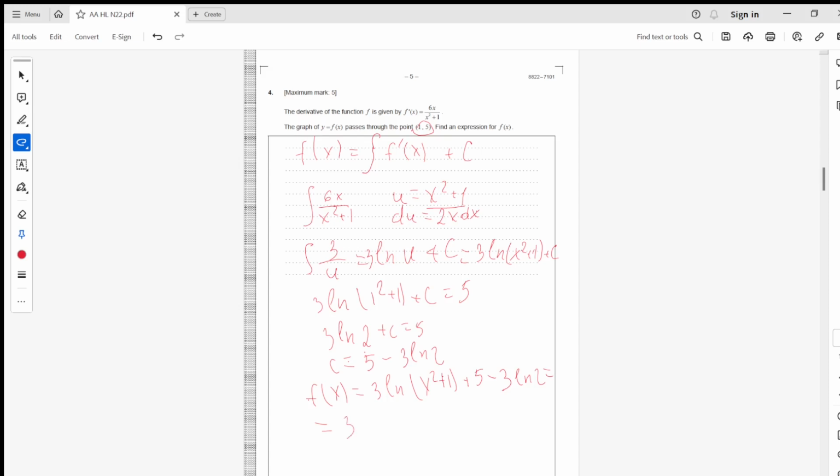Combine the natural logs using the log property as natural log of x squared plus 1 divided by 2. And this is our final answer.